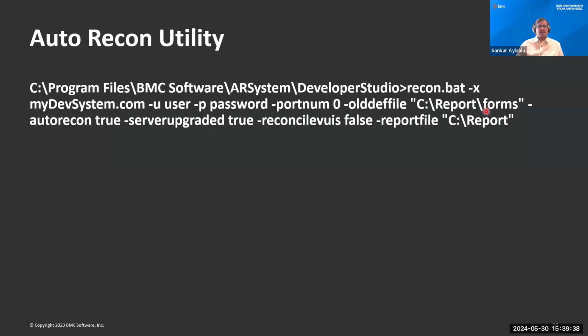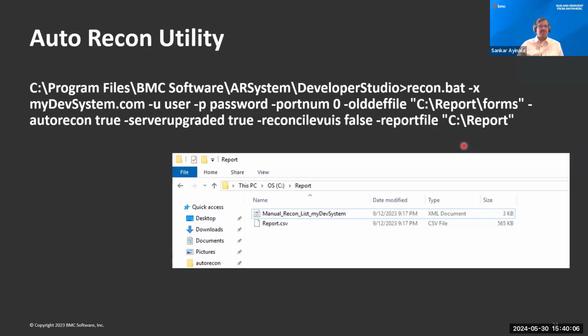If you are using the workflow migration utility, these objects were already generated by the utility, so you can just point to that location. If you are migrating objects manually, then you have to ensure that you have all those base objects in a specific location, and you can pass that parameter.